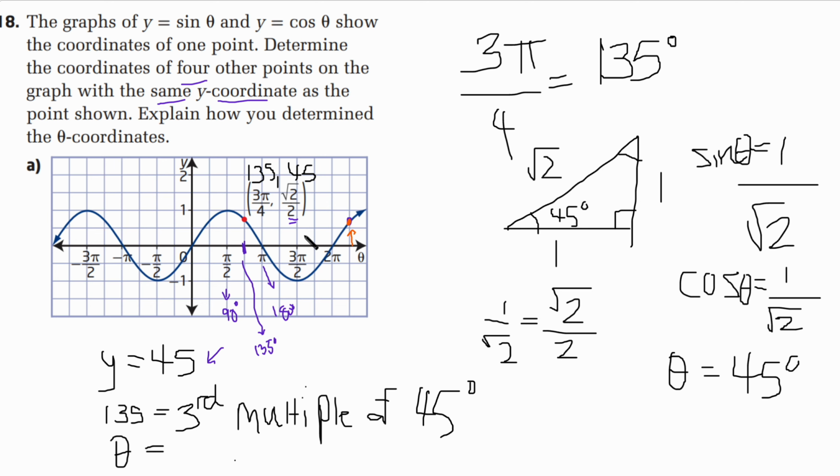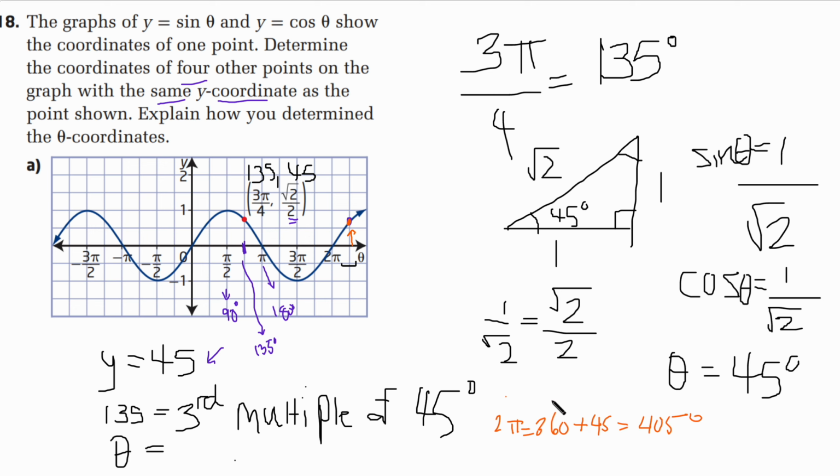So I'm thinking that over here would be 2 pi. This point that you've marked in orange would be 2 pi plus 45 degrees, and 2 pi is 360, plus 45 is 405.